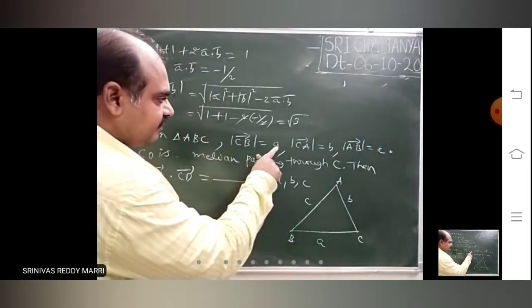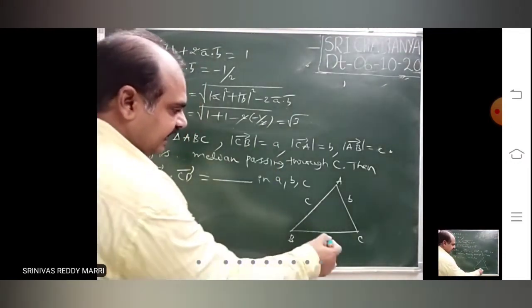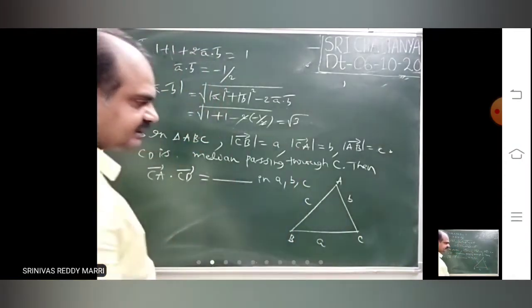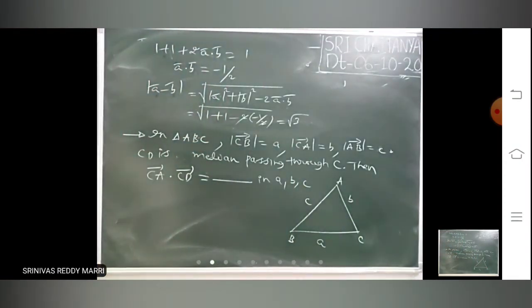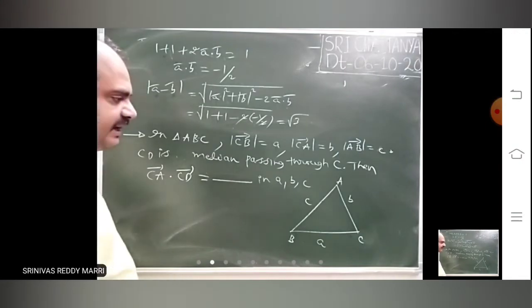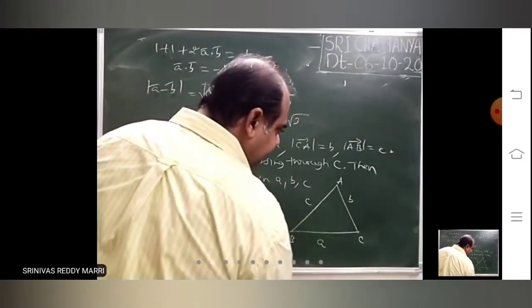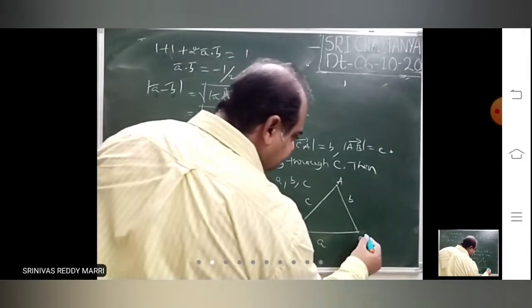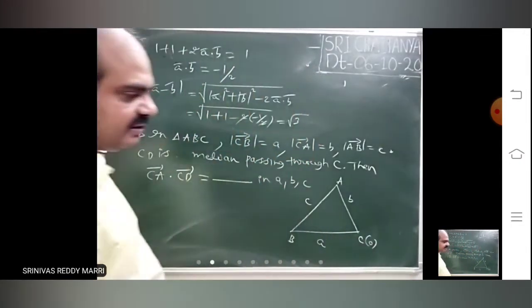This is not CB bar equal to a bar; the magnitude is a. This is a, this is b, this is c, given. Now you want CA dot CD. For that, take the position vectors of the points. Take one vertex as origin.